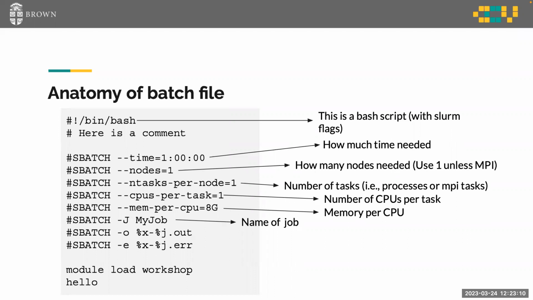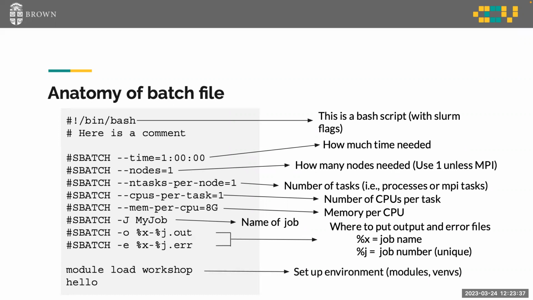So this would create a file called my job dash, and then %j is your Slurm job ID number. So this would create an output file like my job dash 1234567.out, and an error file with the same name but with .error. Okay.